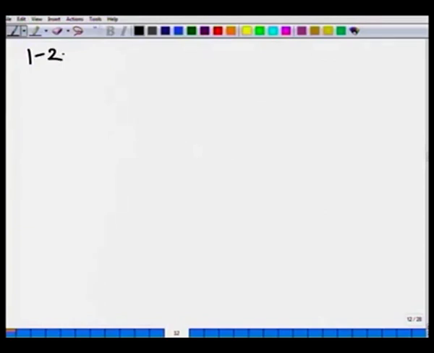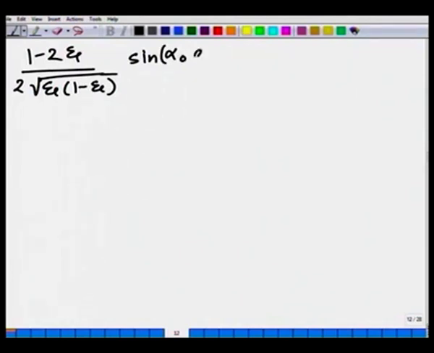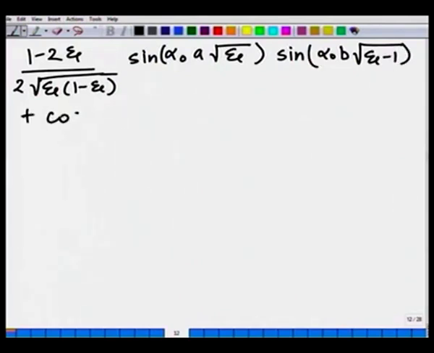Similarly, I can write this as the term with 2 zeta and 1 minus zeta, sine of alpha naught a square root of zeta, sine of alpha naught b square root of zeta minus 1, plus cos of alpha naught a square root of zeta. No hyperbolic functions now, because every quantity, since energy is now greater than V0, so zeta is greater than 1.